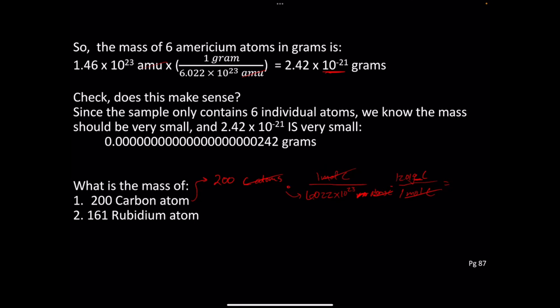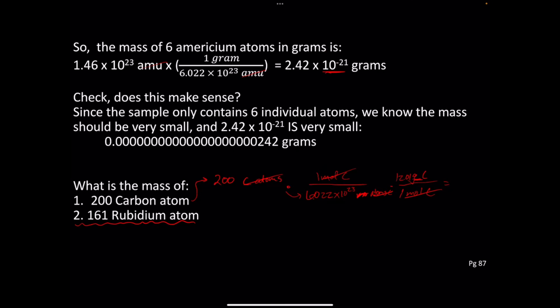So for the mass of carbon, I multiply 200 times 12.01 and divide by 6.022 times 10 to the 23rd. I don't have a calculator on me right now, so you'll have to plug that into your calculator. Include that on your homework, and include 161 rubidium atoms.